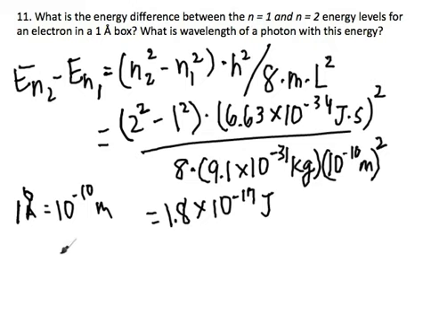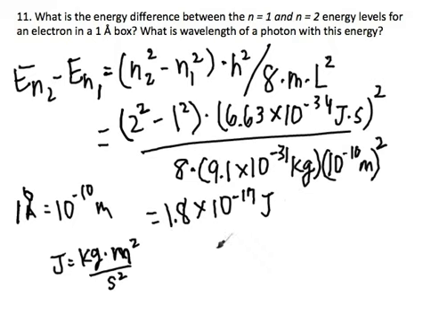Now let's just check to make sure we can get joules. So we have joules, which equals kilogram times meters squared over second squared.